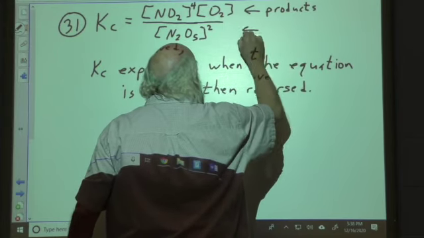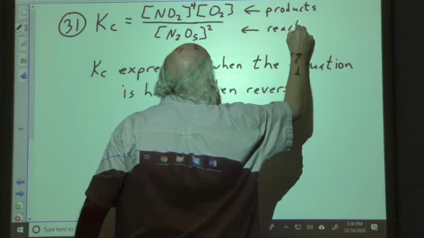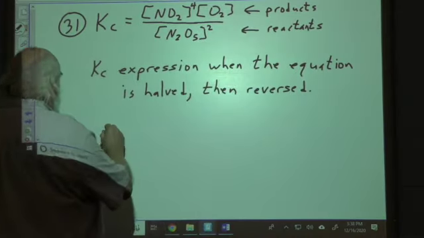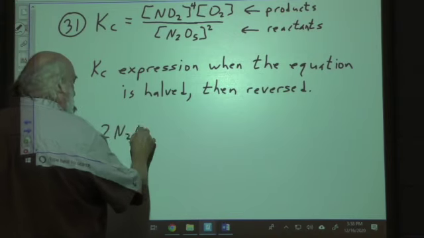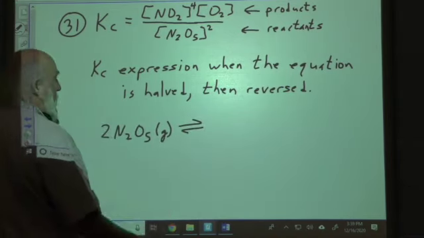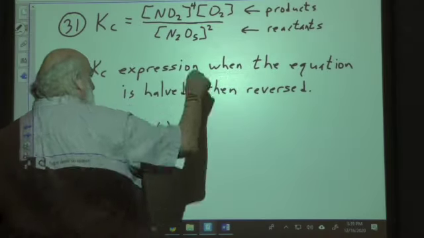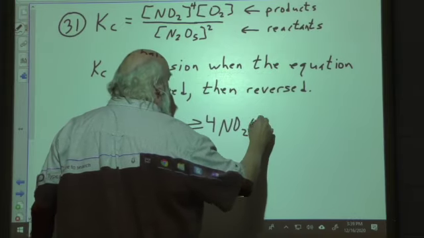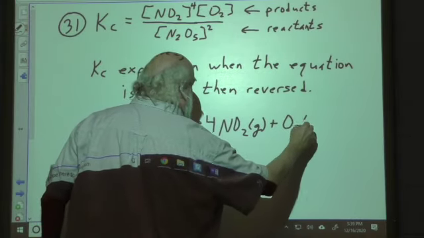And these are the reactants. Okay, so this becomes 2 N2O5 gas, double arrow, equilibrium, and then these right here, 4 NO2 gas plus O2 gas.